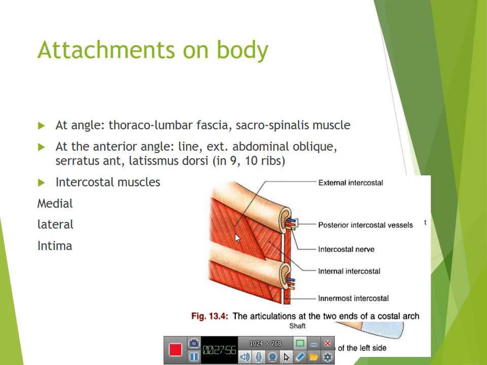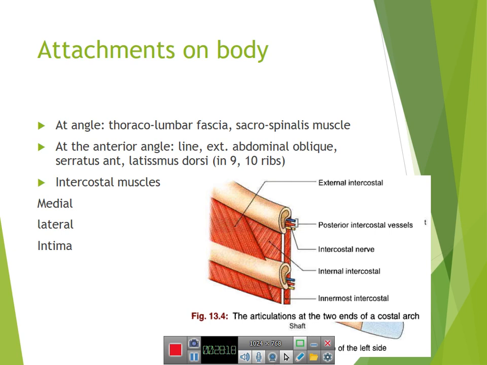The external intercostal muscle is attached on the outer lip of the upper border of the shaft of the rib, while the internal intercostal muscles and intercostalis intimi are attached on the inner lip of the upper border of the body.